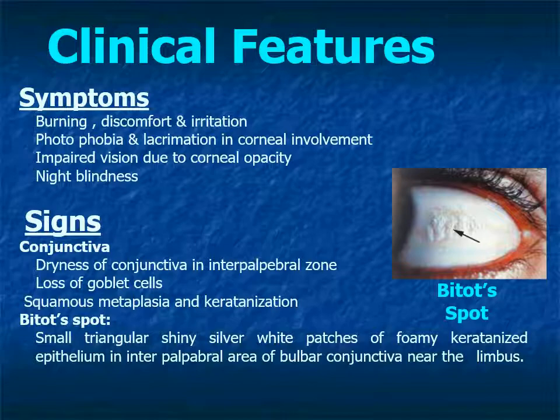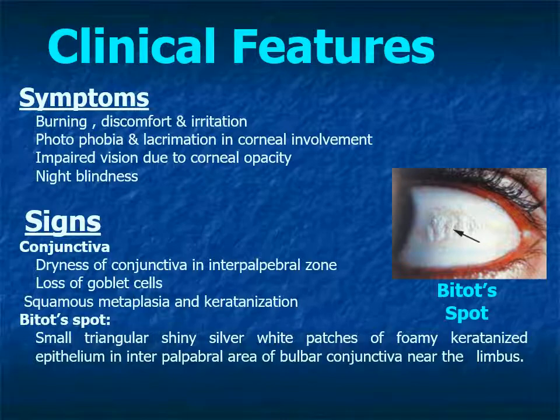Once the healing starts, it leads to corneal scarring and the vision is impaired. And the patient may complain of night blindness as the visual pigment rhodopsin is not forming normally.